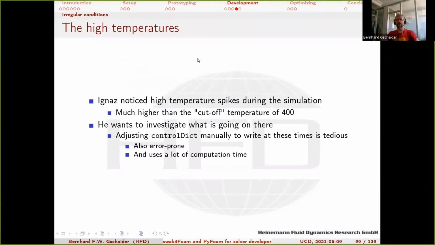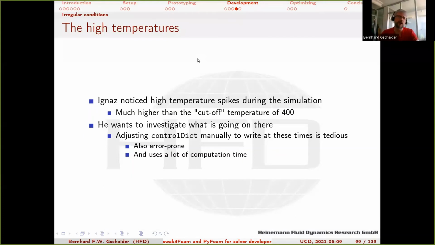So one thing that Ignaz noticed is that he gets rather high temperature spikes. If you remember from the regular run, he got temperatures that went up to 700 degrees Kelvin, but regularly the temperature is below 600. And Ignaz wants to know why that is.